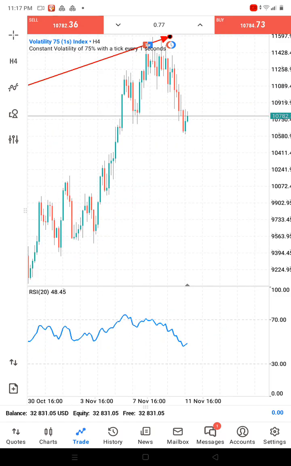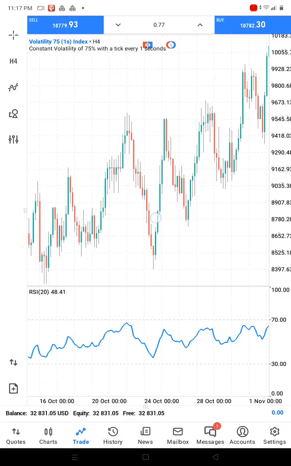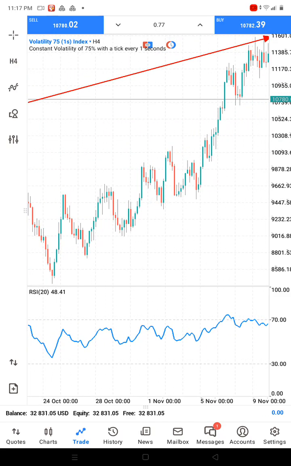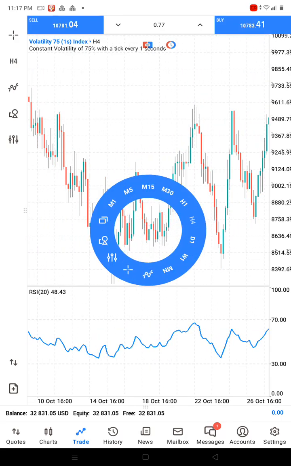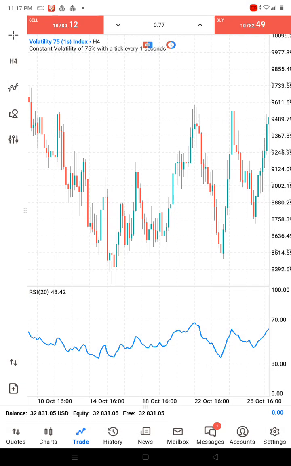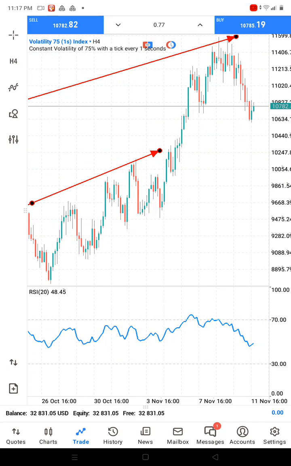If we zoom in a little bit, we can see that the market was also making these small highs. So I went to these and started to connect these highs, just plain old connection.